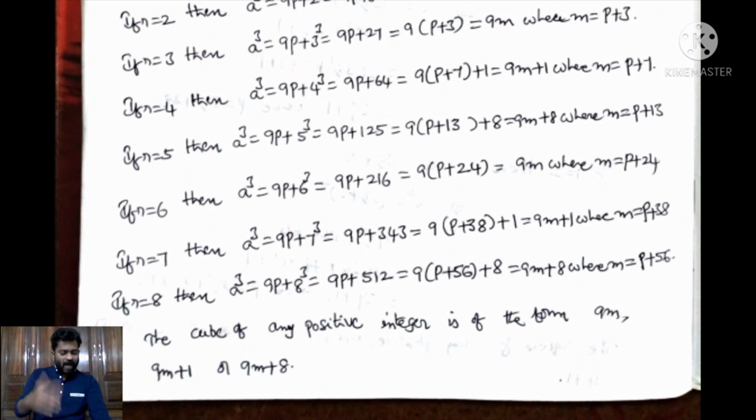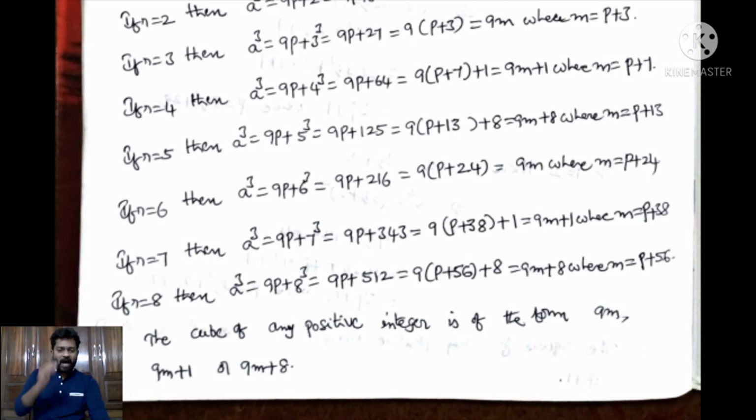Then, if r equal to 3, a cube equal to 9p plus 3 cube, that equal to 9p plus 27. 9 is common. 9 into (p plus 3). This is written as 9m, where m equal to p plus 3.